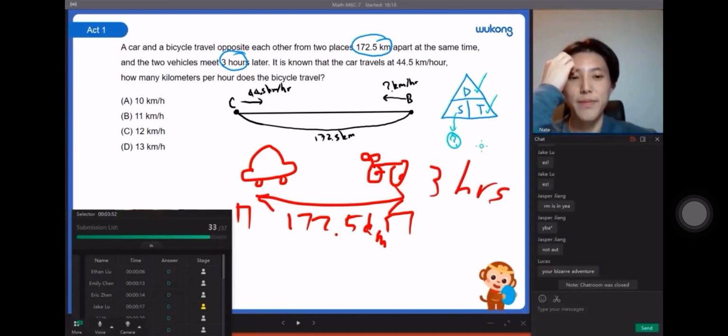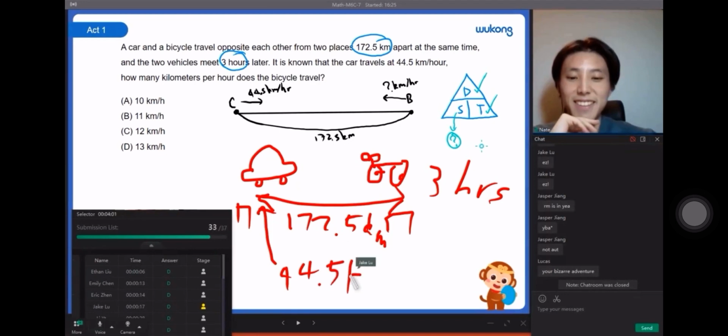It is known that the car travels 44.5 km per hour. So how many kilometers per hour does a bicycle travel?